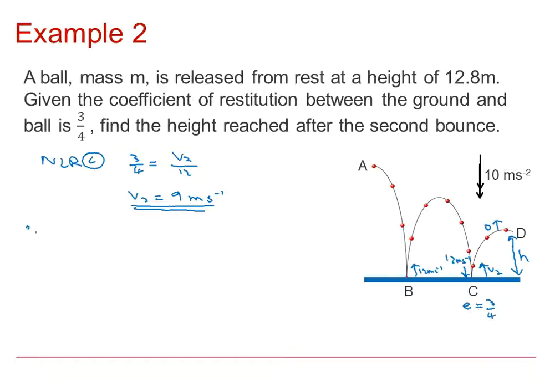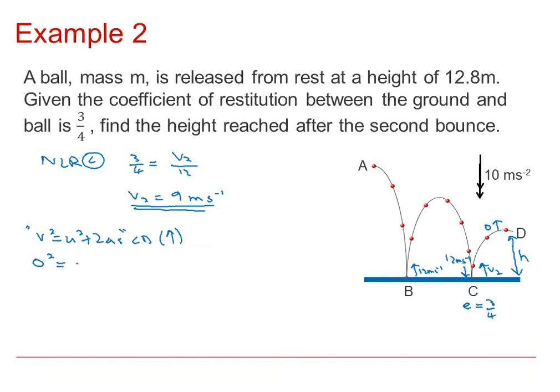So I could now do v squared is u squared plus 2as from C to D, and it would be sensible to take upwards as positive this time. So the final velocity from C to D is 0 squared.